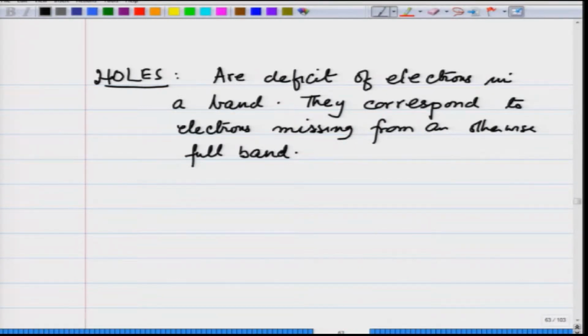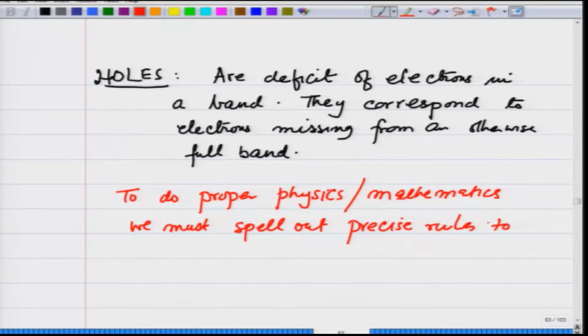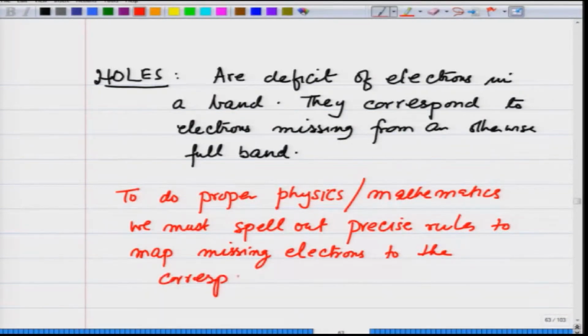Now, to do proper physics, mathematics of transport and so on, we must spell out precise rules to map missing electrons to the corresponding holes. Once we do that, then we can do the rest of the calculations in terms of holes alone.